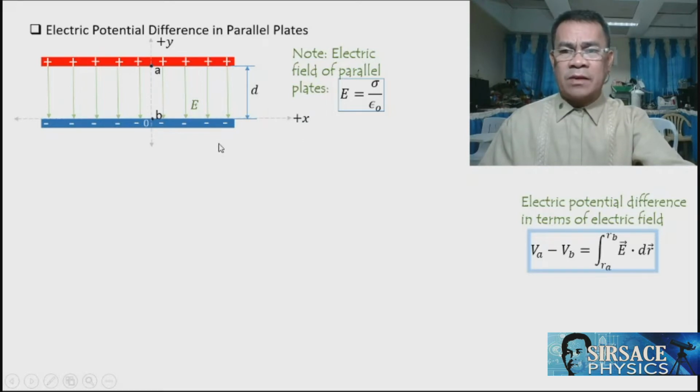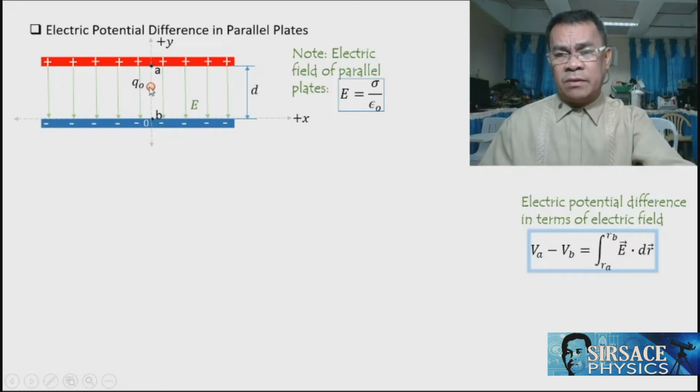Why? Because we can set the Cartesian at 0 at the line of the negative charge plate. So therefore, we have the potential A at the point, and we have the potential B. And this is a high potential, and this is a low potential.